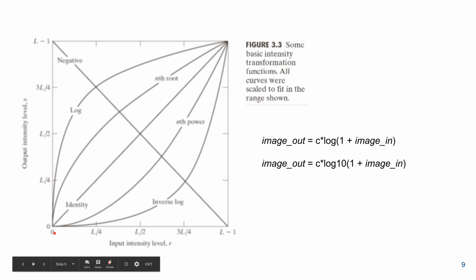So we've inverted it, and everything in between does the same. Other functions we can use are a logarithmic function, the nth root, the nth power, and the identity, where it's just a straight transform. Identity means that the input intensity level equals the output intensity level, so effectively we're not performing any change there.